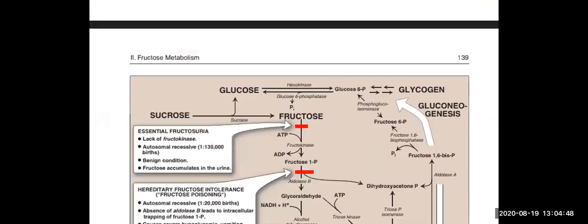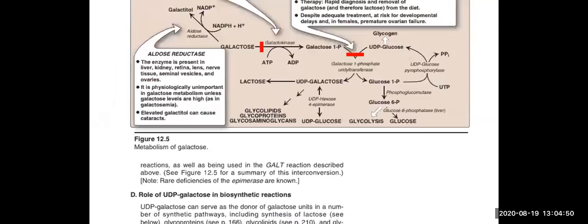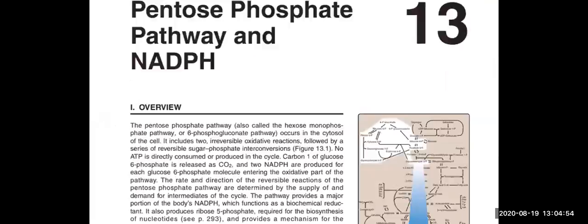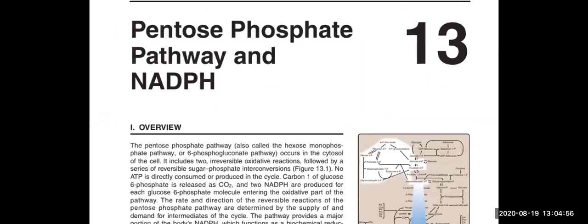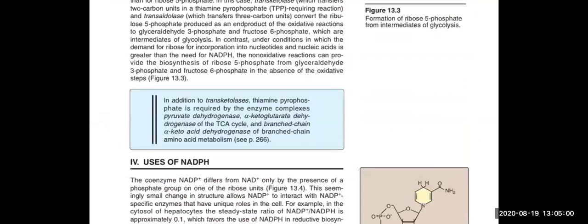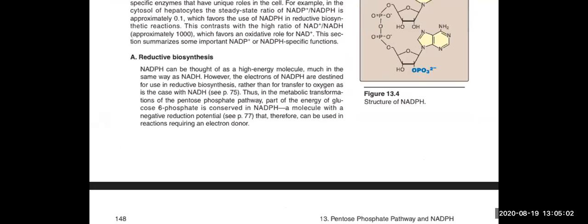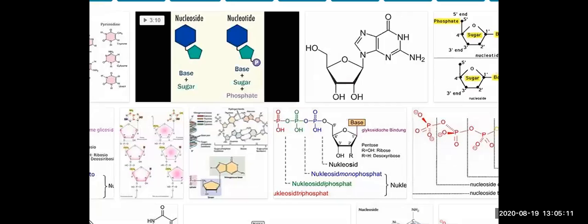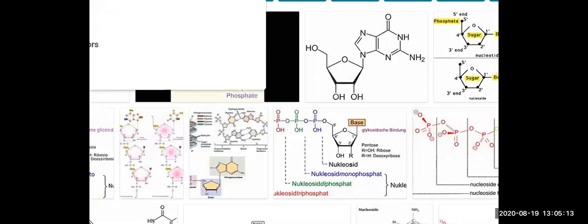I have to search a bit more because I don't know the number of chapters. Or I may search this cycle on Google for you people. What I was searching for is the de novo pyrimidine synthesis. So let's see a picture here.